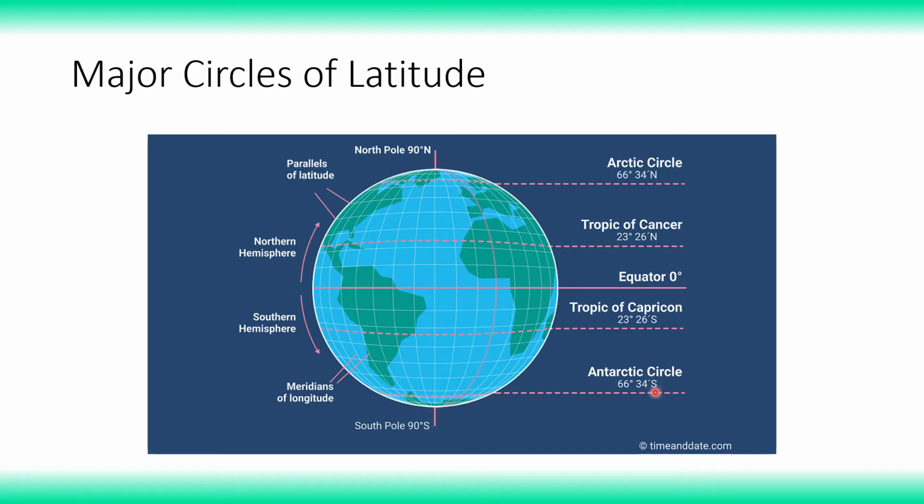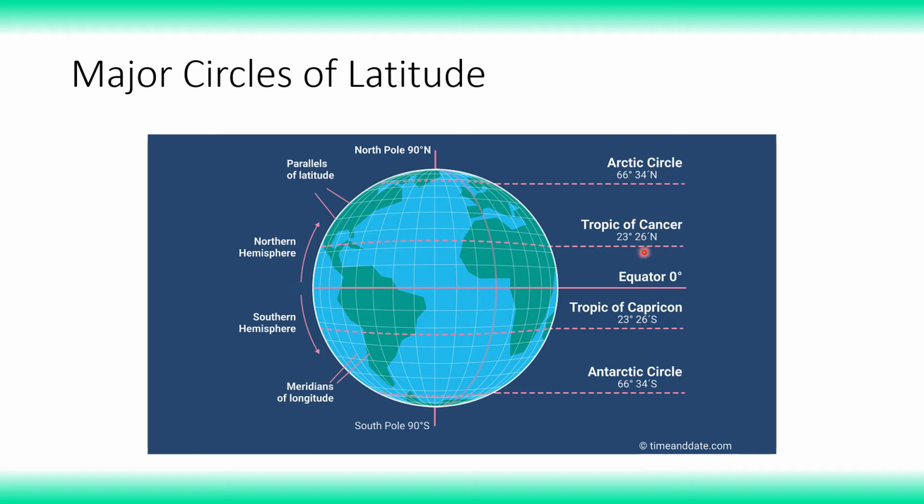Now, don't worry too much about the numbers after the degrees, the second number for all of these. That's pieces of a degree. So just for simplicity's sake, we'll restrict ourselves to the first number in each of these. We've got 66 degrees, 23 degrees, 23 degrees, and 66 degrees.